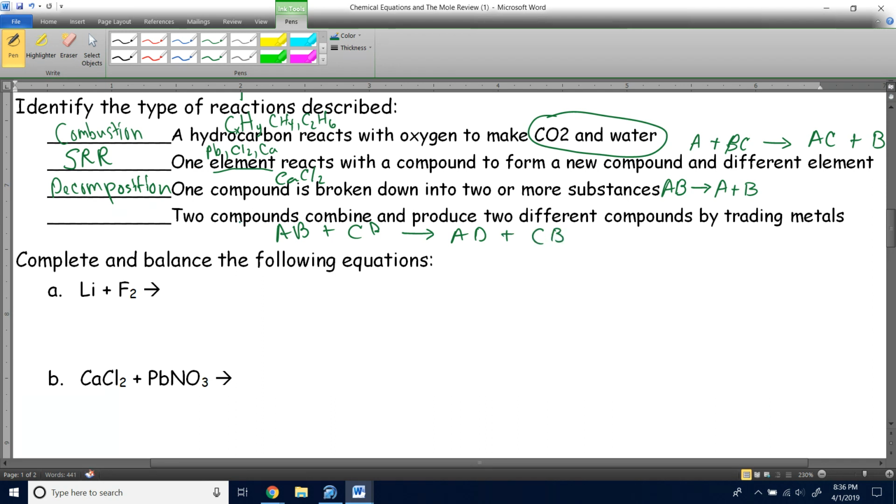So we have four different elements. Two compounds combine and produce two different compounds. That sounds a lot like a double replacement reaction.